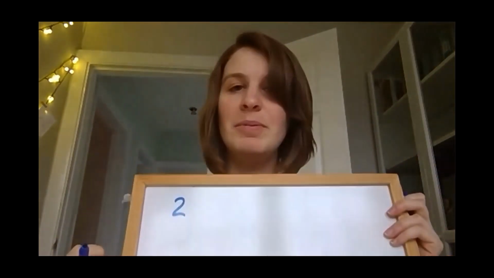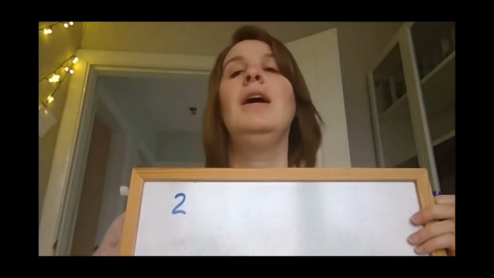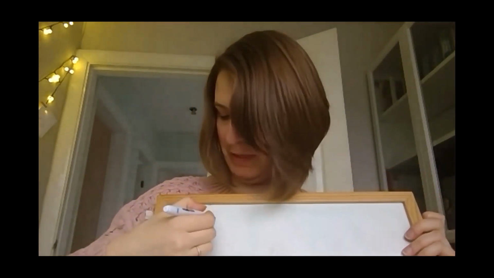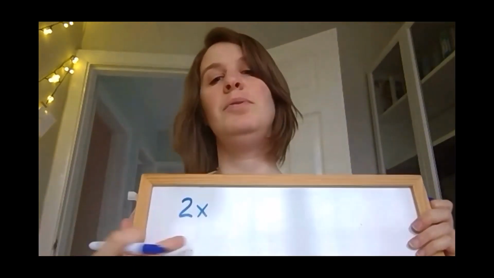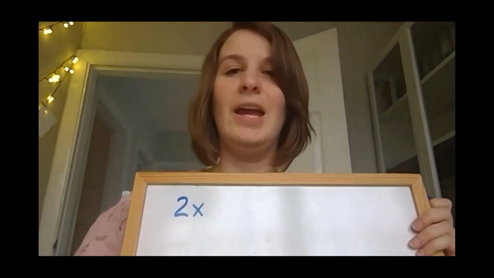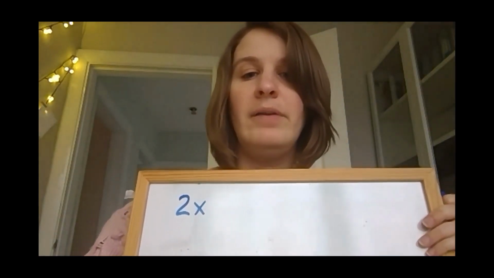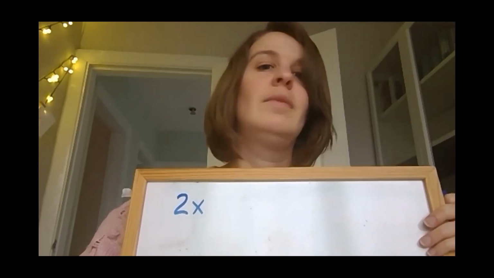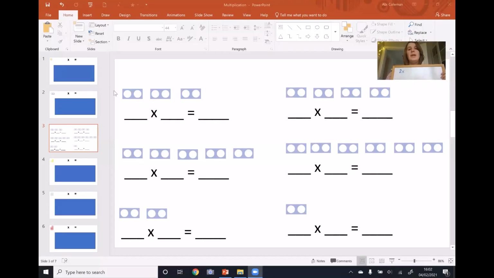Okay, and we're doing multiplication today because we've got 2 and we've got it lots of times. It's the same number, so we're doing multiplication. Okay, so I'm going to put the multiplication sign in, which is like an X. Now let's go back and have a look. So we've got the number 2 here. Can you see that one? We've got the number 2 and we've got it how many times?